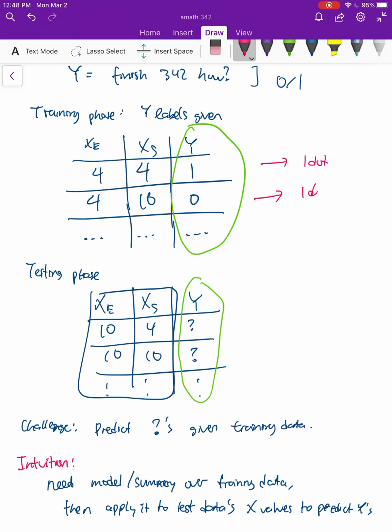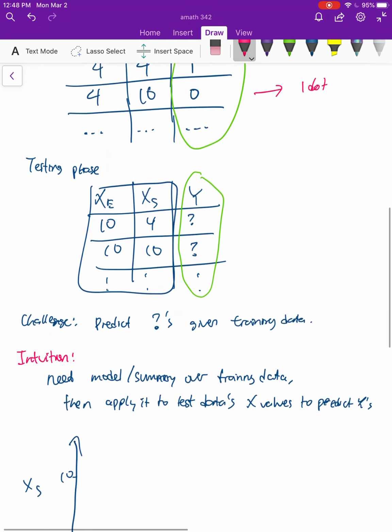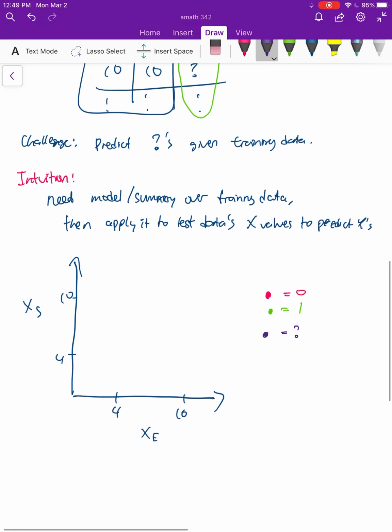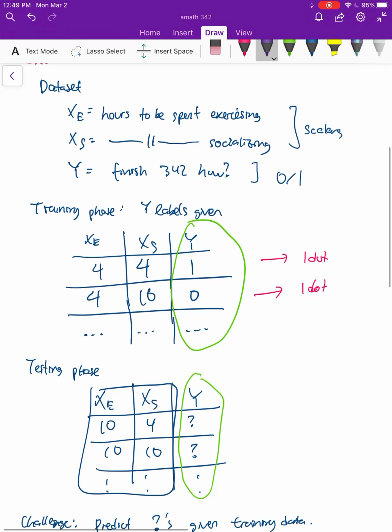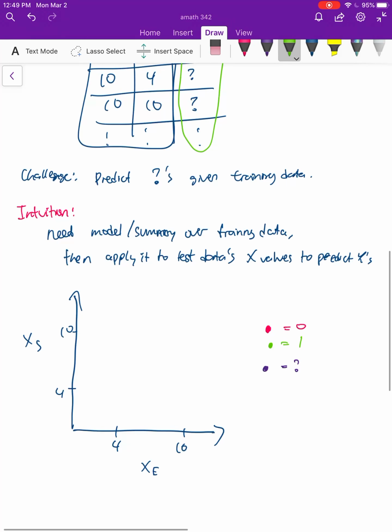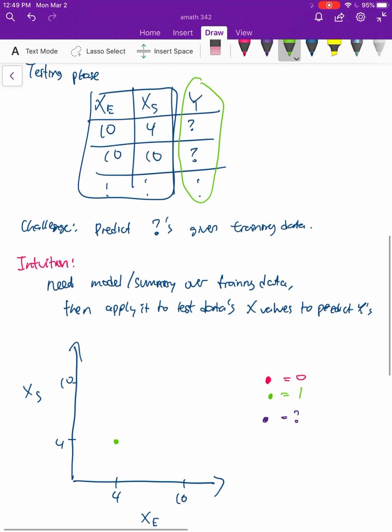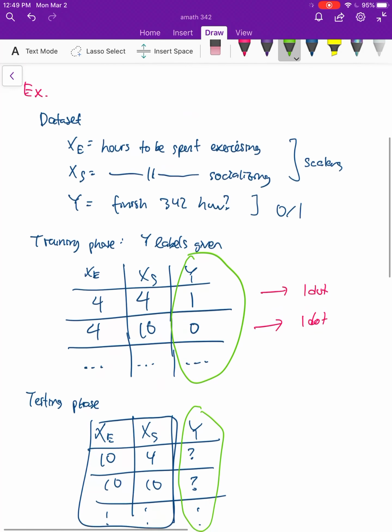This row would be another dot. And I'm going to use these colors. Red means the Y label is 0, green means the Y label is 1, and purple means don't know. So 4, 4, 1, which means I will have to use green color. In that week, the student manages to finish the 342 homework.